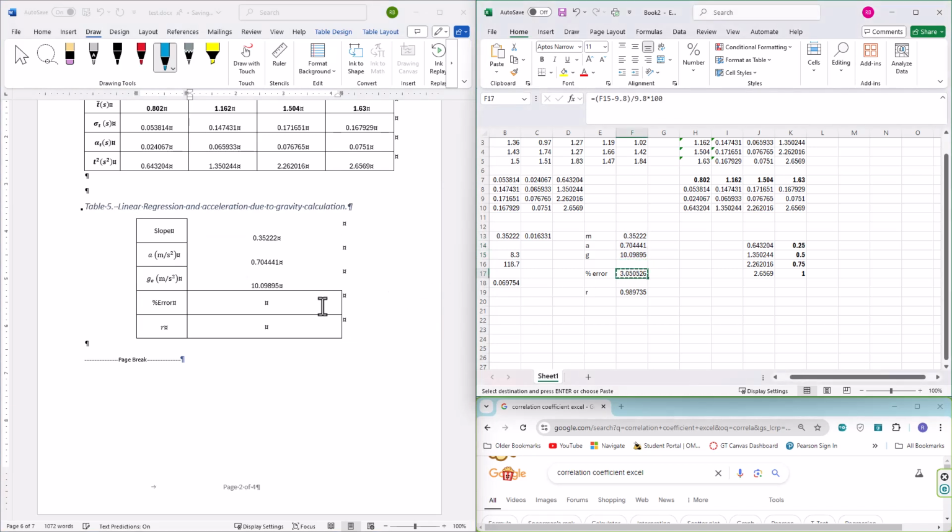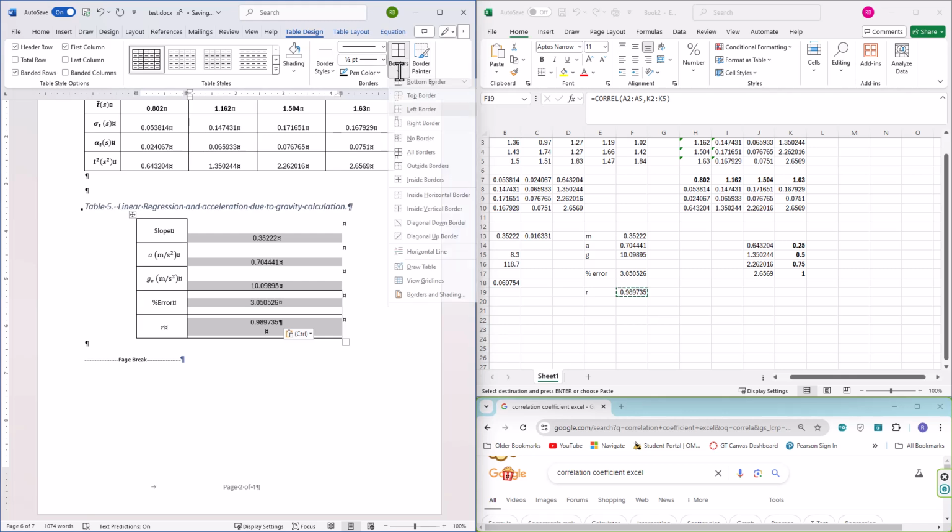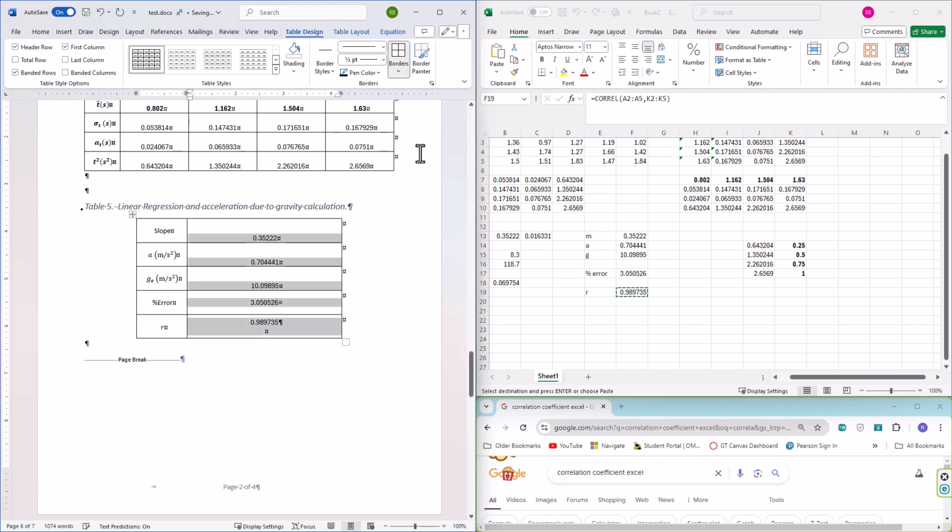Copy this. Paste it here. Get rid of that. Copy this, paste it here, highlight all this, come to table design, borders, all borders, and I'm back to where I was. And of course, there's also some things you can do to make this neater if you choose to.